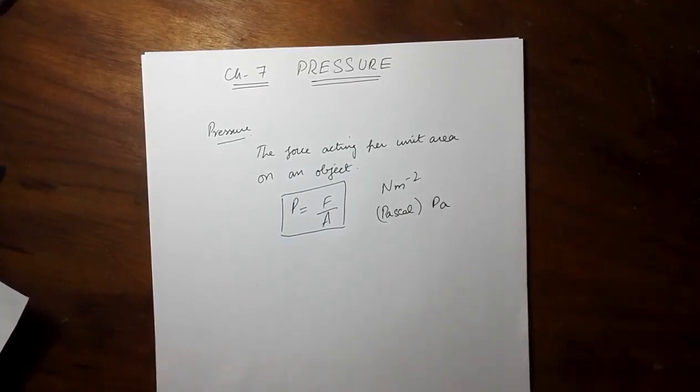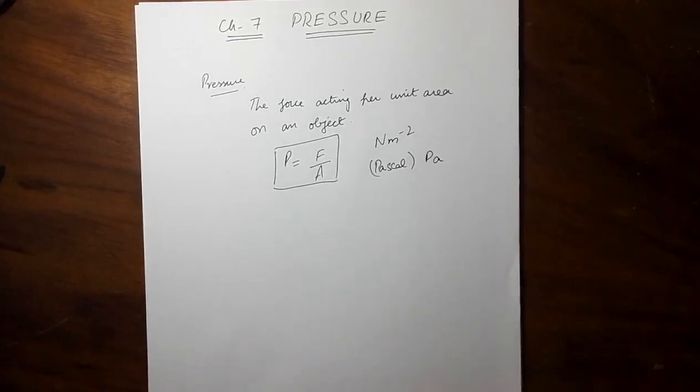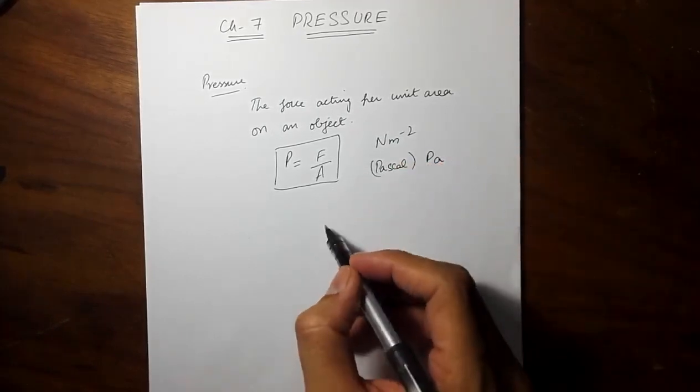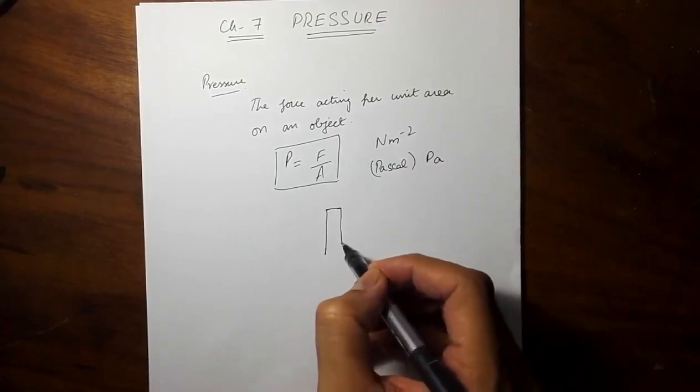Okay. Now pressure will be in all states of matter: solid, liquid and gases. In order to find out the pressure in solids, we will be using this formula, force per unit area. Let's suppose there is a box or there is a block of an area.